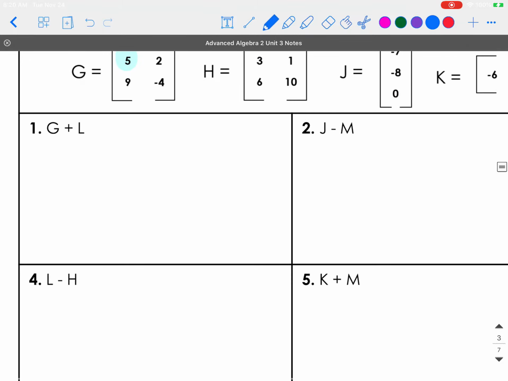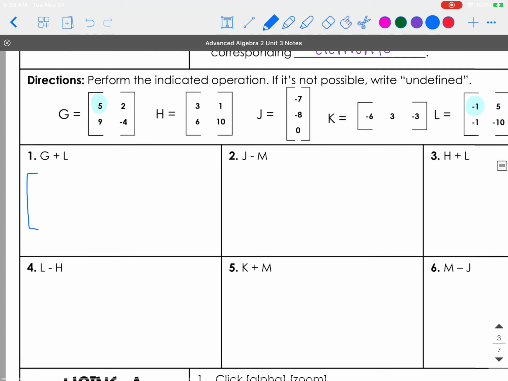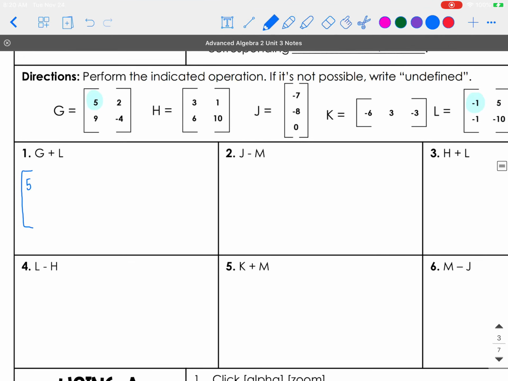I'm going to write out the calculations there. So 5 plus -1. So I took the first element in both of those. And then for first row, second column would be 2 plus 5.